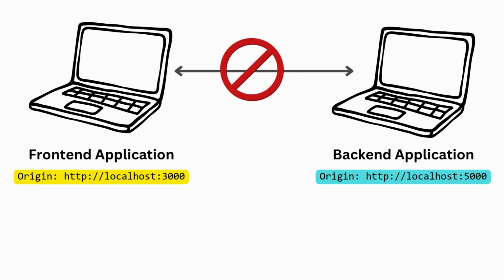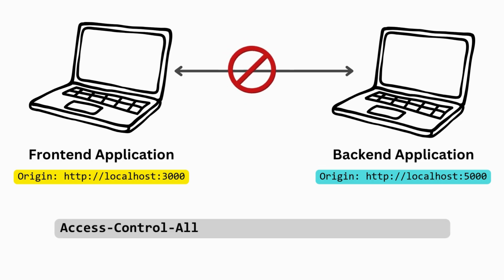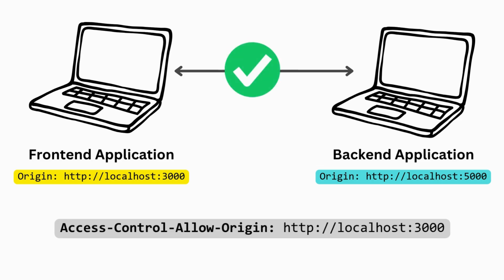To fix this issue, a common way is to add allowed origins in the header: Access-Control-Allow-Origin http://localhost:3000. In other words, the server at http://localhost:5000 is saying that I allow the requests from http://localhost:3000. This will make the browser happy and it will let the request pass through.